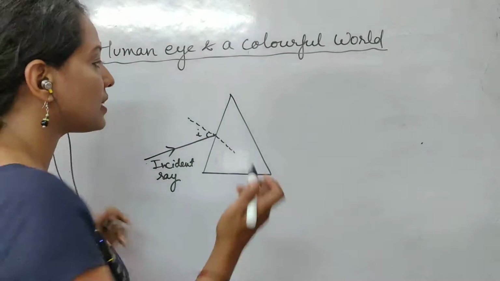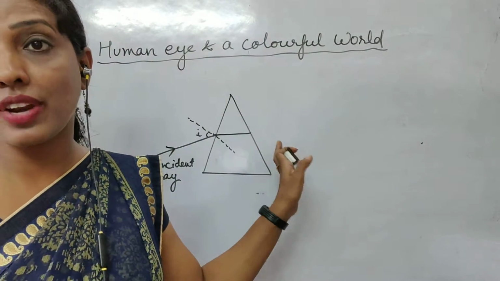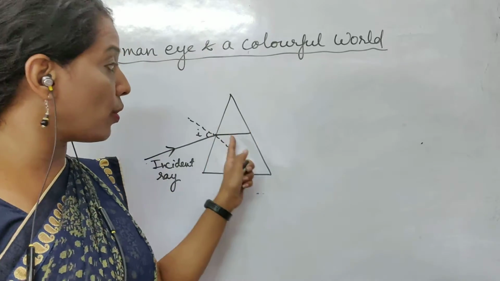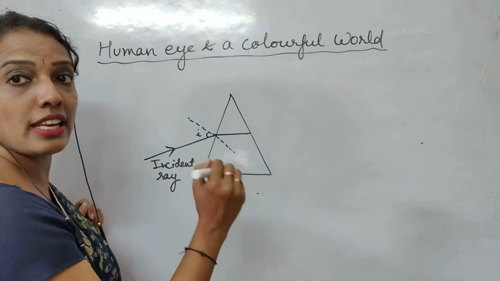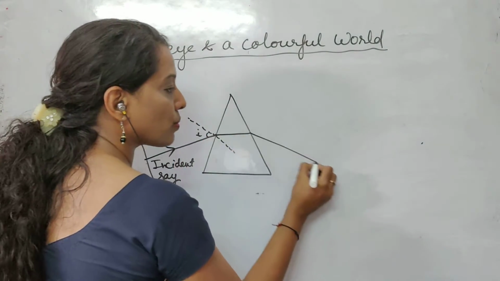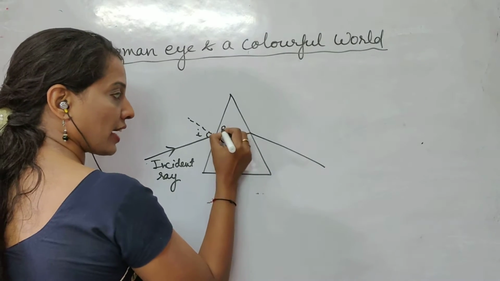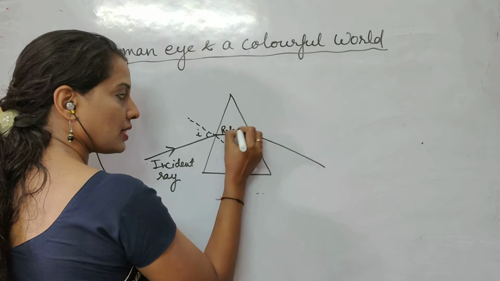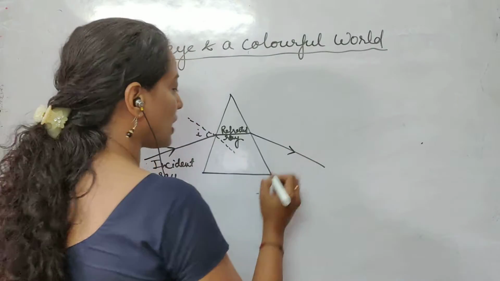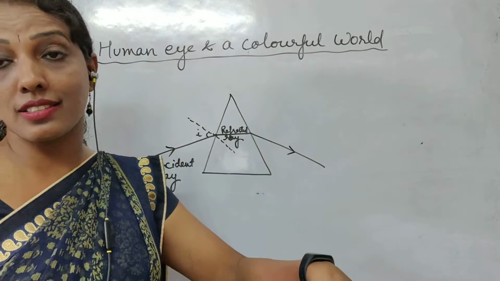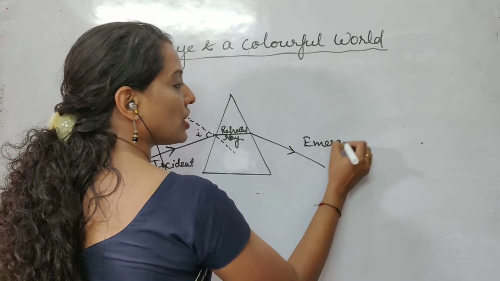Here it gets refracted, and then it falls on the other surface, where it gets refracted again. This is your refracted ray, which passes through the other glass surface. That is what is called the new one, the emergent ray.